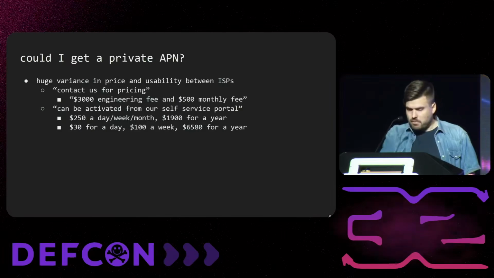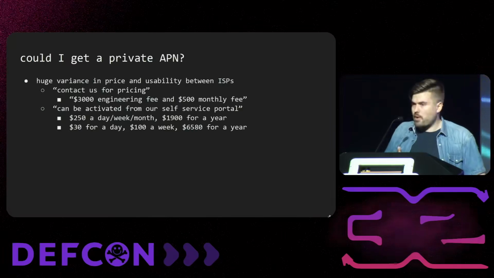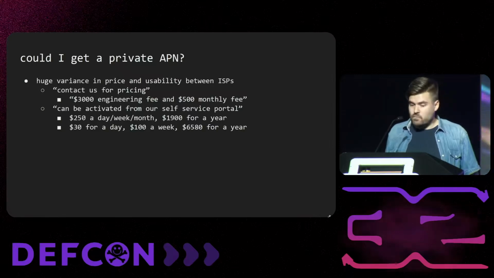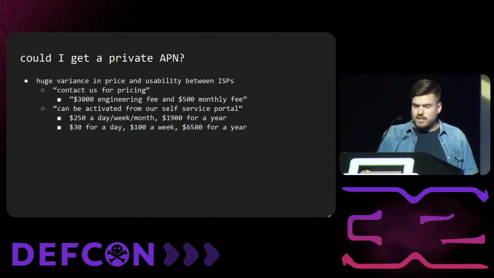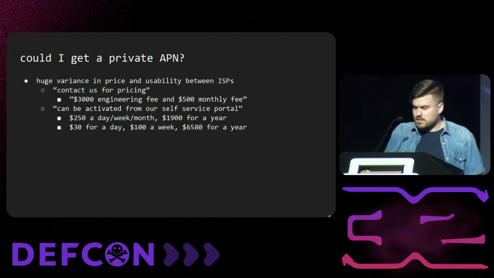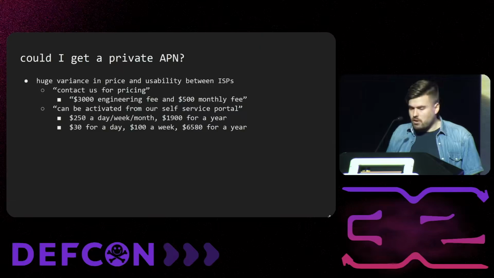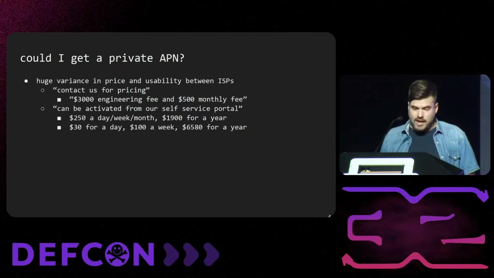With the first one, no matter how much you use it, it's $250, but for a year it's just $2K, so you can rent it out easily. The other one is $30 a day, $100 a week, and $6.5K for a year. So if you want to do it for longer times, you might want a local ISP, and if you just want it for a day, then you have options for that.